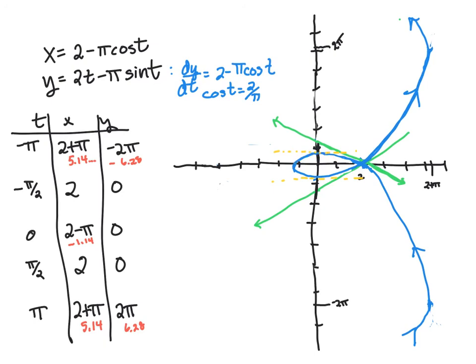And then as we go from this point to this point, x goes back to 2, y goes back to 0. We have another horizontal tangent right there where x equals 0. And then the x value will keep oscillating and the y value will keep growing larger and larger that way.